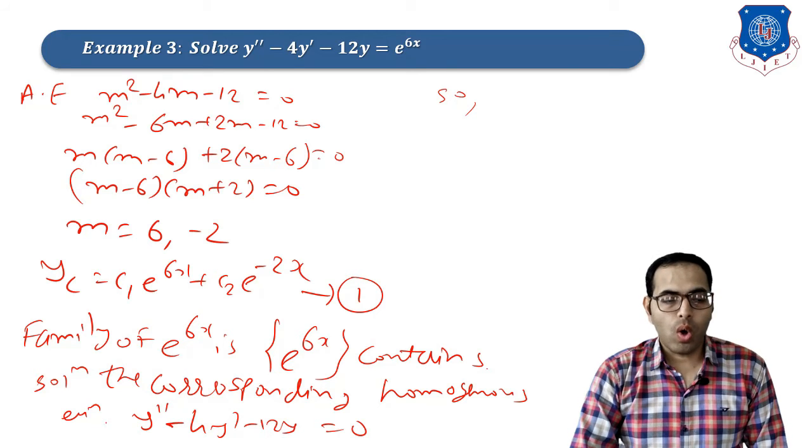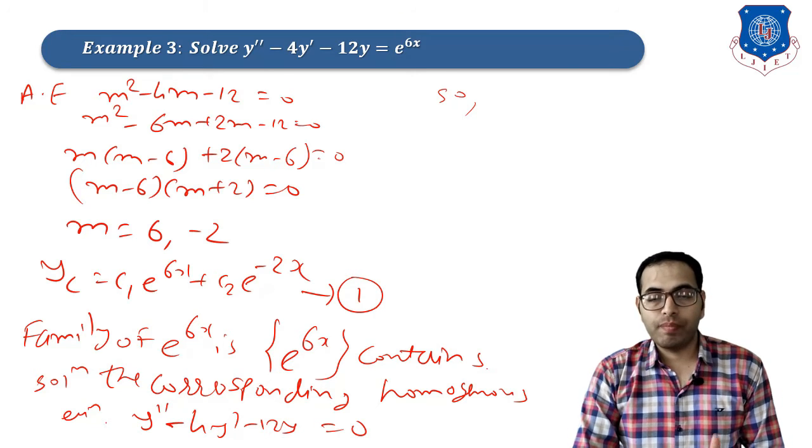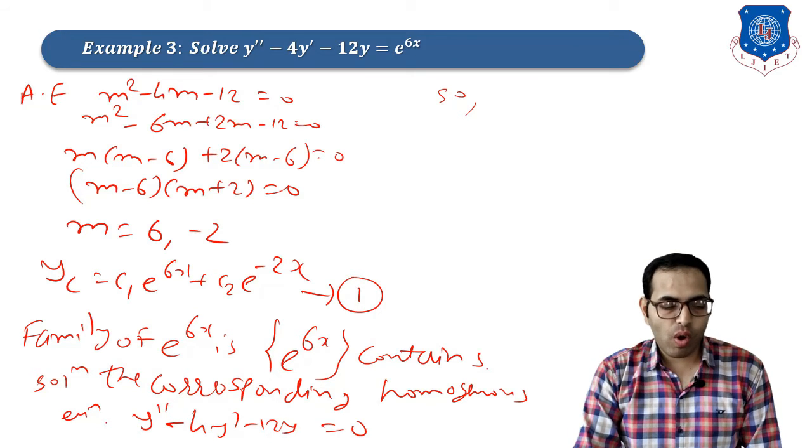So we cannot proceed further with the most general linear combination of the functions in the family e^(6x).